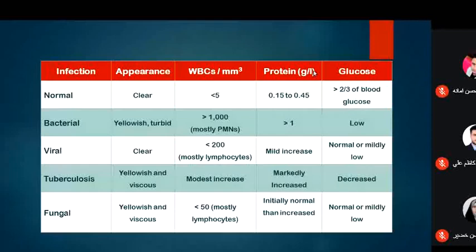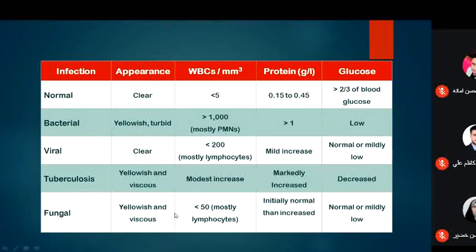Now, this is showing the findings in different CNS infections. In bacterial, it will be turbid or yellowish, and the cells are more than 1,000, mostly polymorphonuclear neutrophils, of course. The protein will be high, and the glucose will be low. In viral, as you see here, it will be lymphocytes, and the same in TB and fungal.